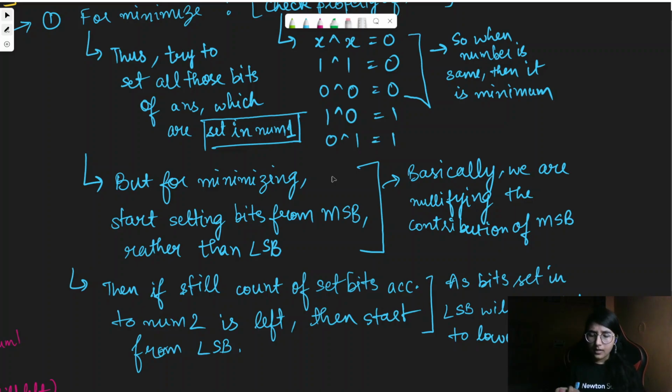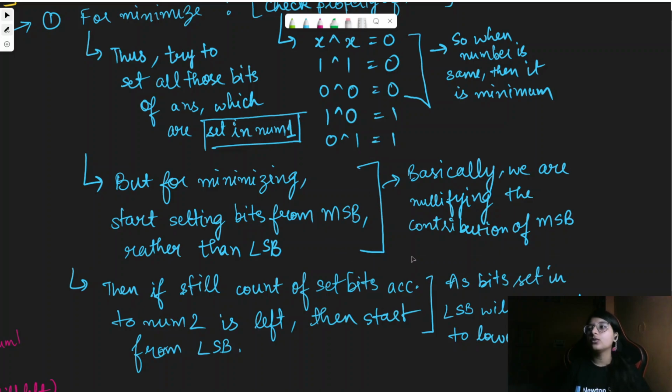And for nums1, as we require the XOR of both answer and nums1 to be minimum, in that context we will be trying to set all the bits which are set in nums1 so that we could cancel out all of them. Now, in that also, two further criteria are being generated.